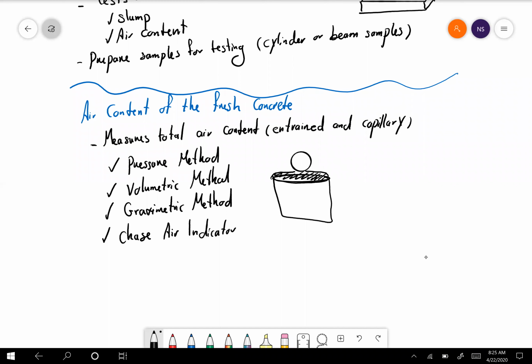There are clamps to secure the container, and this one measures the air content by measuring pressure. So I'll put a picture of this air content test right here so that you'll see how we do this test.